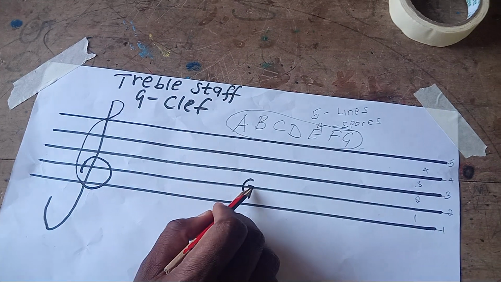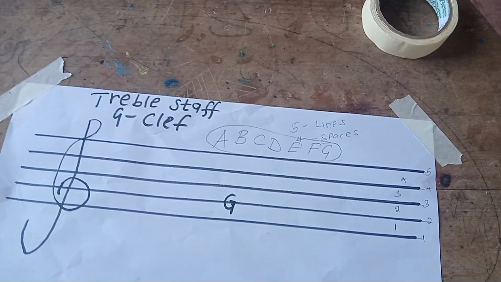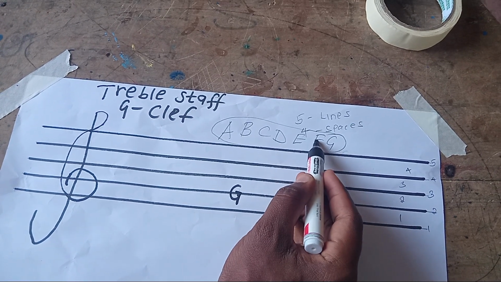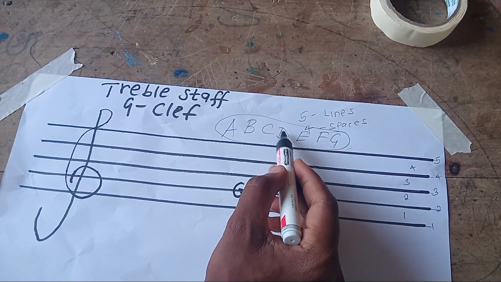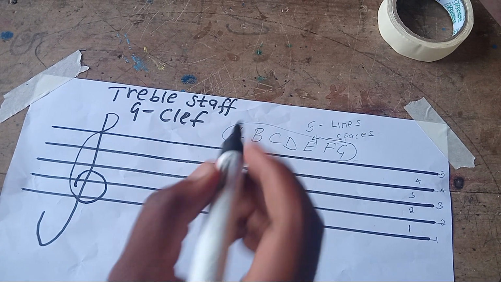And we have already assigned this as line G. After this, I'll give you the easiest formula. So look at G. G is here. Behind G, we have F, we have E, D, C, B, A, and so on and so forth.